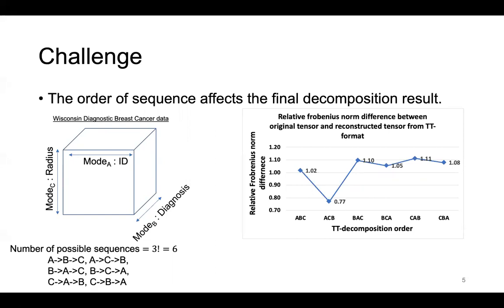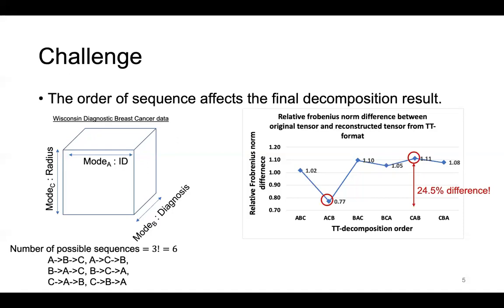And as we can see, the best result we can get is 0.77, which is if we apply the sequence ACB as our decomposition order. And the worst result we can get is 1.11, which is when we apply CAB as our decomposition order.